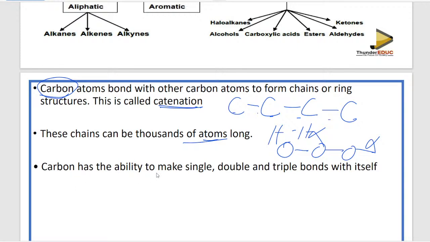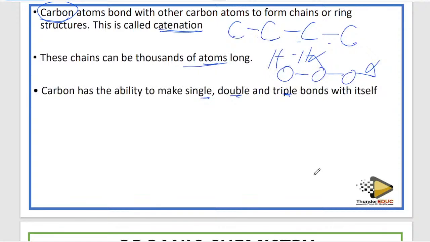So carbon has the ability to make single, double, and triple bonds. Those single, double, and triple bonds mean something different in chemistry. If carbon forms a bond with another molecule, we call it a single bond.